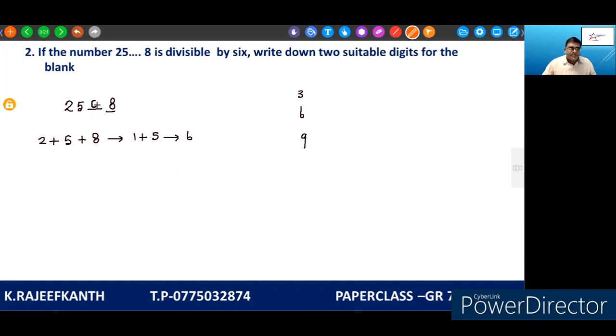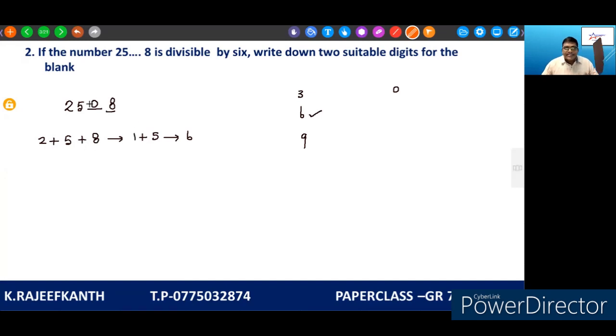Here the sum of these 3 digits is already 6. So here we can put 0. If we write 0, then this sum is not going to change. That means the digital sum of this number is 6. So we can write 0 first. Then the digital sum should be 6, right? In the last class also we discussed this.